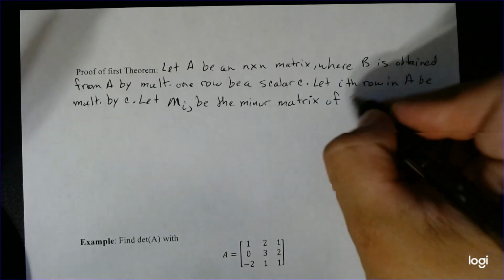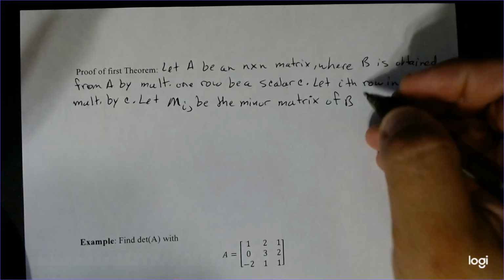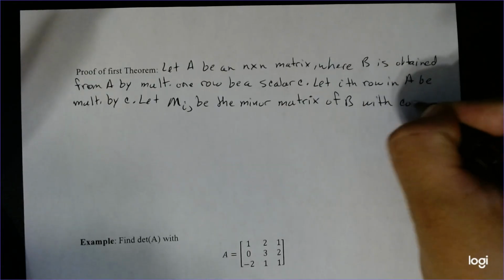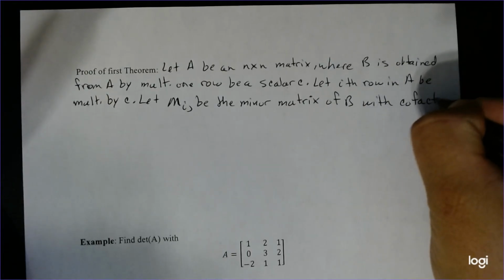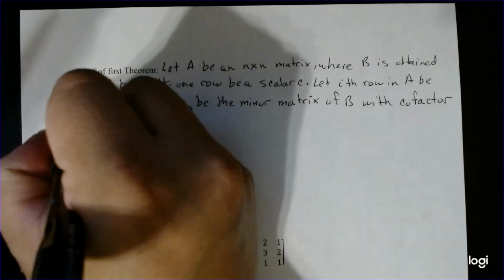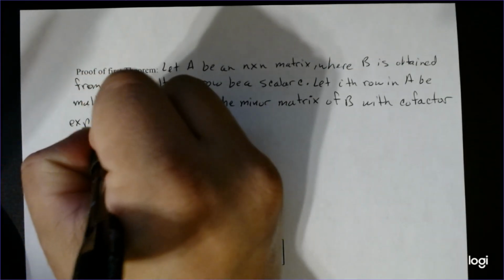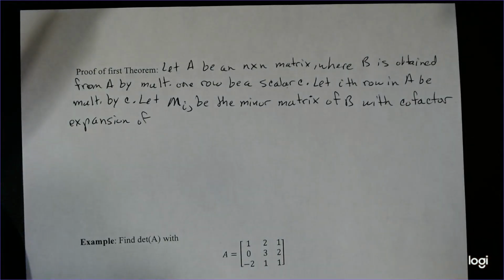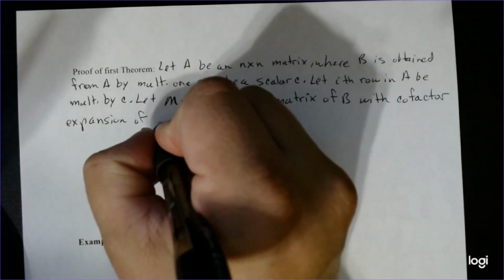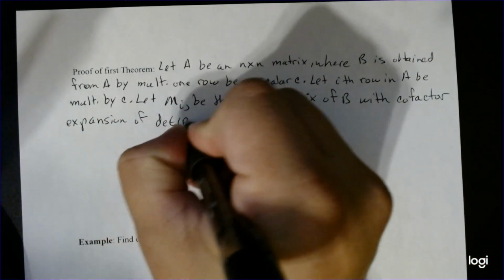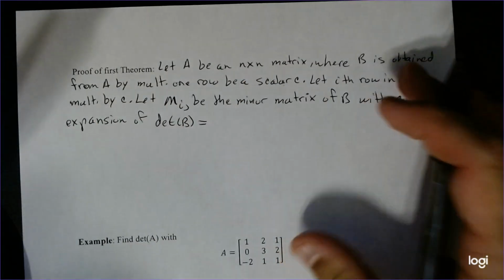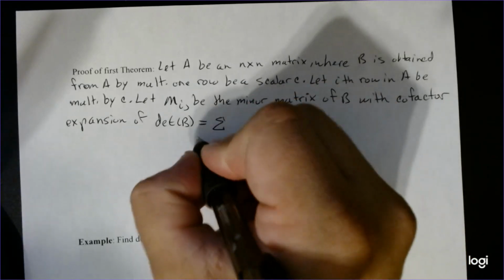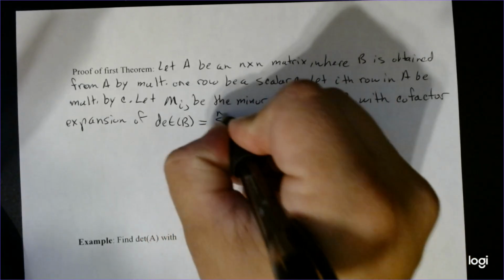of this matrix B, with its cofactor expansion. So notice cofactor expansion comes up a lot when it comes to proving stuff now. Okay. All right, so again, just like the last definition, the determinant of B with respect to this cofactor expansion is going to be the sum of j equaling 1 to n.